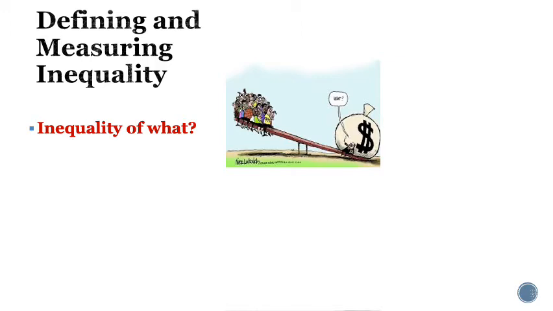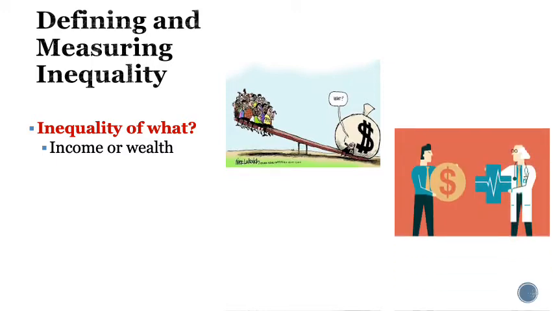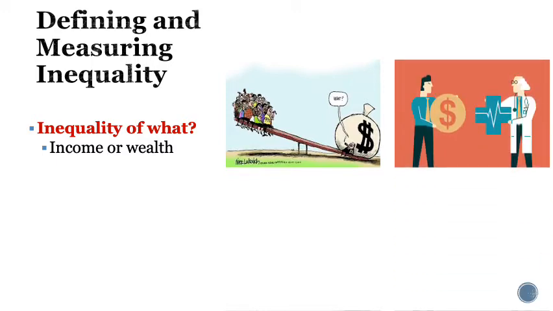So, there are multiple parameters to think about when we are thinking about inequality, and one of the most important, which is very important in the current times that we are living in, is health inequality, right? So, does health matter when we think about inequality? It does.